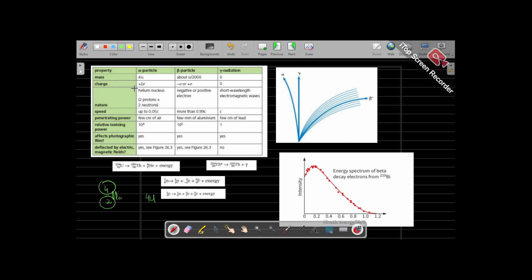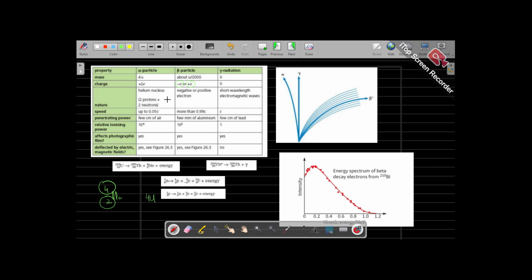That is the charge on proton, that is the charge on electron, which is 1.6 × 10^-19. When it comes to beta particle, if it is beta negative we are talking about, we'll be mentioning minus e. If it is beta positive, we'll be mentioning plus e. And then gamma does not have a charge as well, like it is a massless and a chargeless radiation.